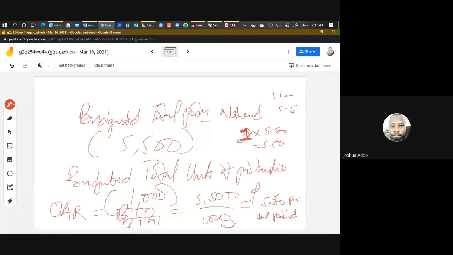So if 1,000 per month, then all other months will be 1,000, 1,000. So we multiply 1,000 by 12 months in a year to give you the yearly equivalent, which matches the total production overhead, which is given in a year. But if all of them are given in a month or quarter or year, because they match in terms of period, you can proceed and work on it like that.